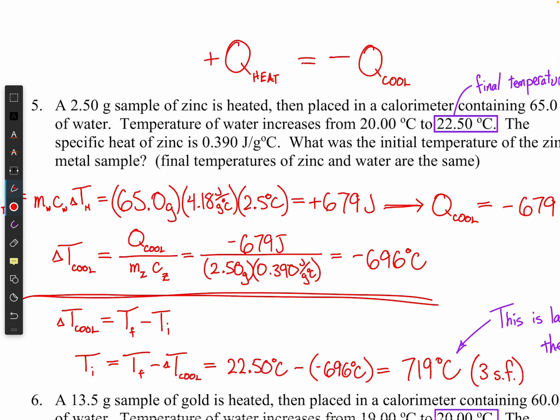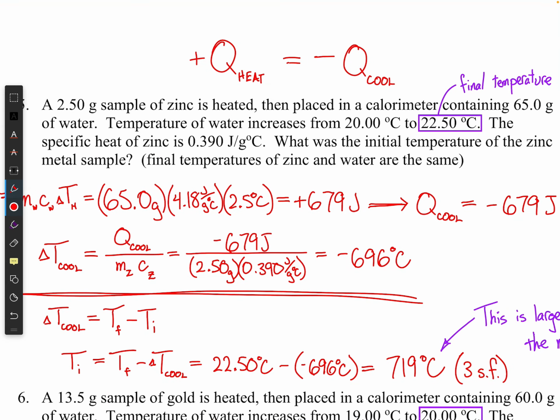We have a sample of a metal that is heated up and then placed into a calorimeter that contains water. So we assume that our water is perfectly insulated and that when we place the zinc sample into the water, all of the heat energy from the zinc will be transferred into the water.